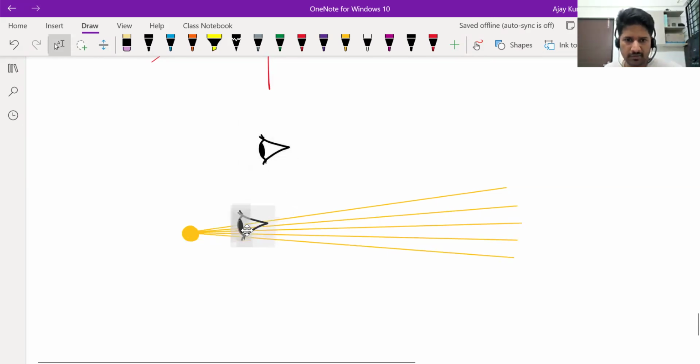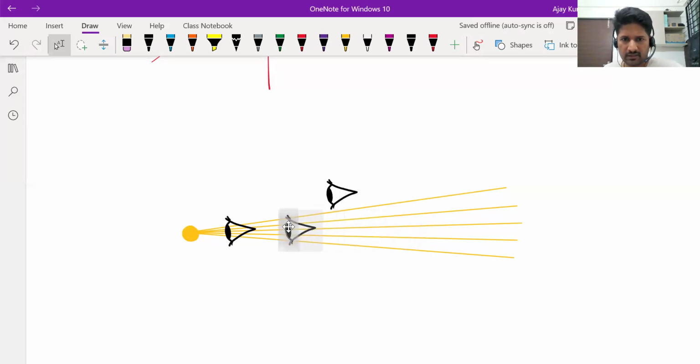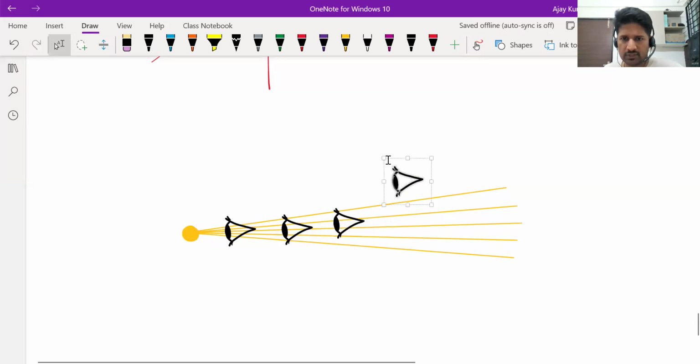If the observer is very close to the source, you will see more waves entering into the observer's eye. In case of sound, it's the number of sound waves entering into the opening of your ear. As the observer moves away from the source of light, you can see that the number of waves entering into the observer's eye decreases. At some points it is 3, at some points it is 2, at some points it is 1.